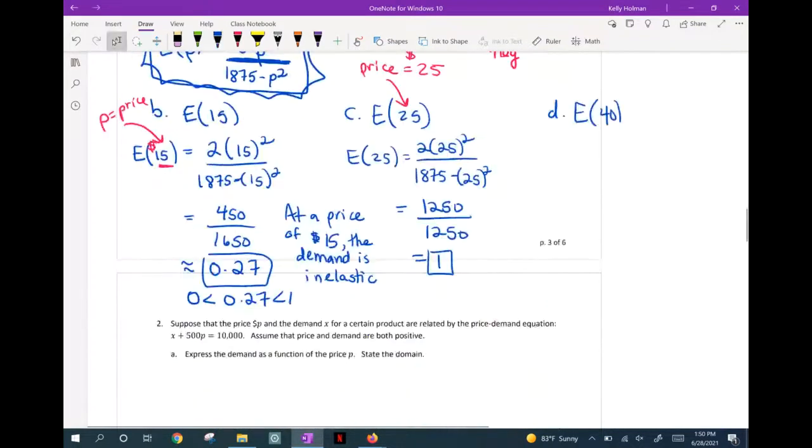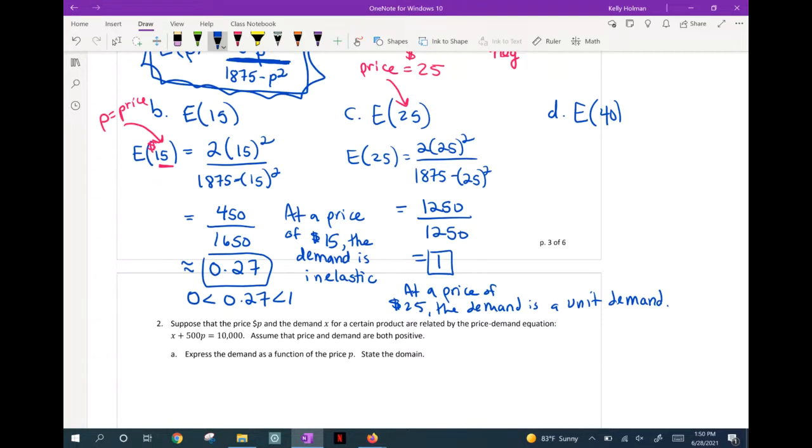So my interpretation would be, at a price of $25, the demand is a unit demand. So that just means they're going to change the same way, right? If price goes up 3%, demand goes down 3%.